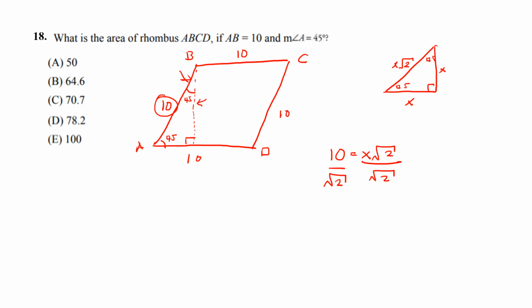So doing that on your calculator, 10 divided by the square root of 2, we get x equals 7.07 something, right? But we need to multiply this by 10 to get our area, which is 70.71 something. So this looks like answer choice C.